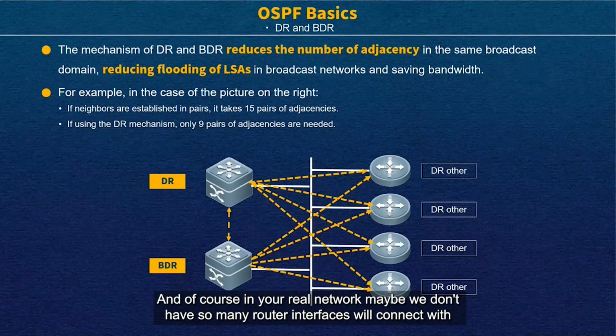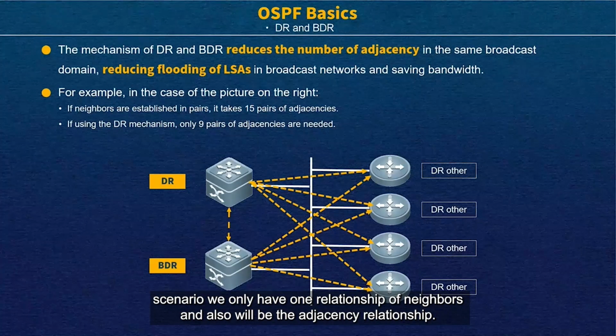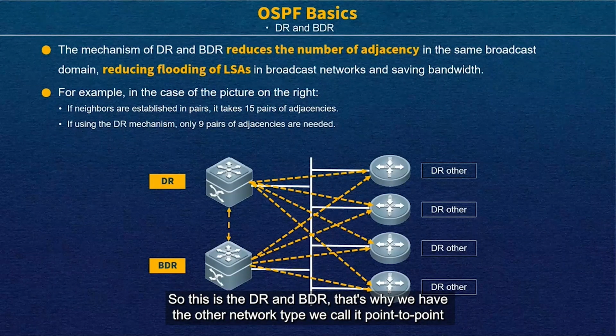And of course, in your real network, maybe we don't have so many router interfaces connecting to the same broadcast domain. We only have 2 routers, maybe one is DR and the other is BDR. So in this scenario, we only have 1 neighbor relationship, which is also the adjacency relationship. So this is the DR and BDR. That's why we have another network type called point-to-point network.